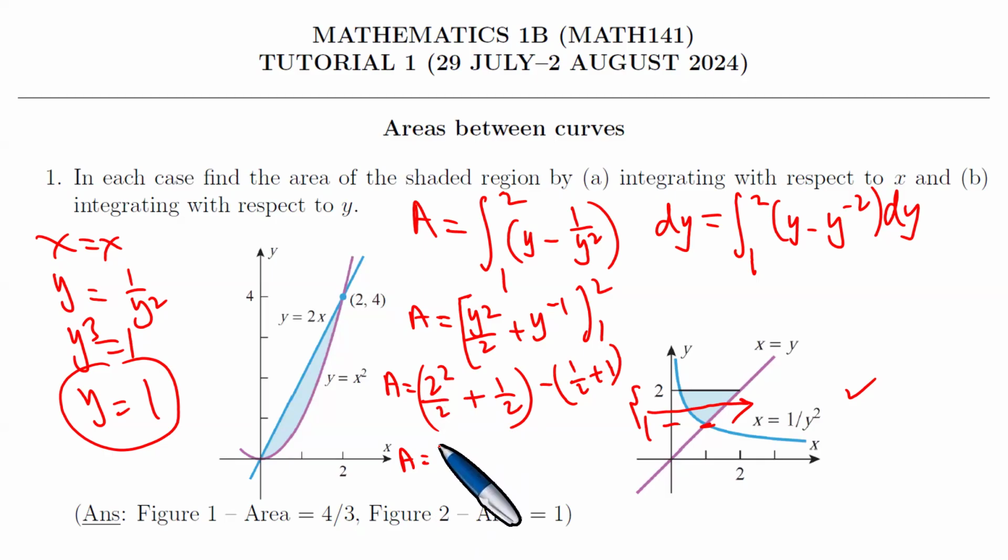It's 4 over 2, which is exactly 2. And then you have half minus half, which is 0. Then you have minus 1, and therefore the area with respect to y is equal to 2 minus 1, which is 1 unit squared.